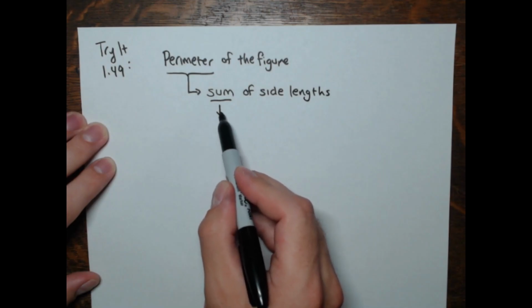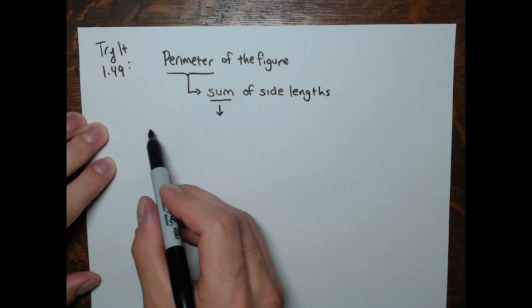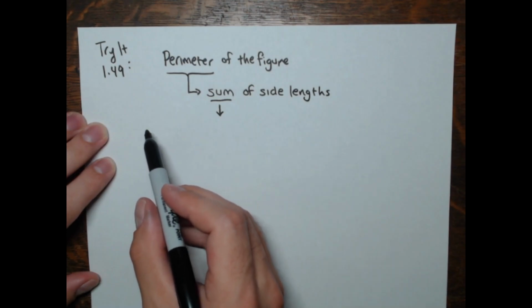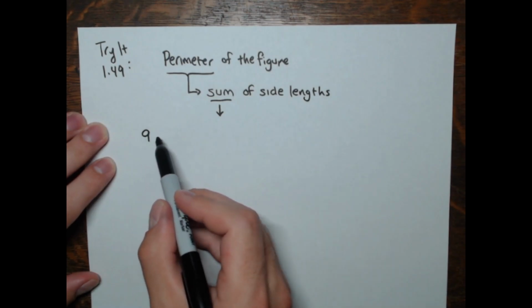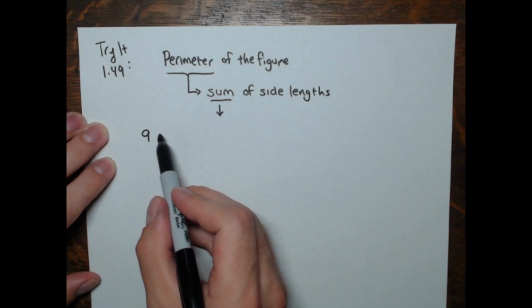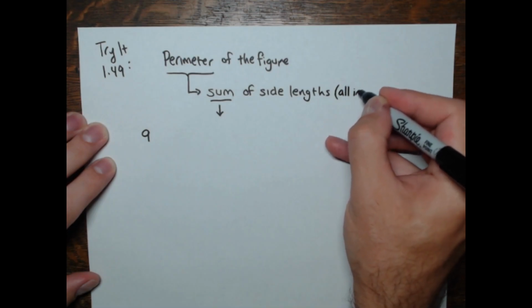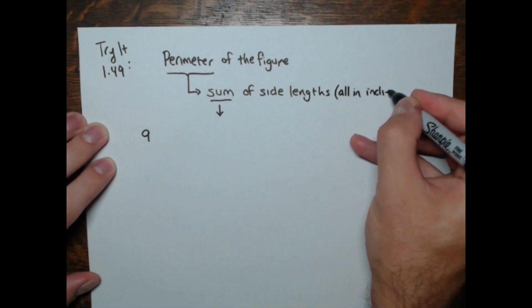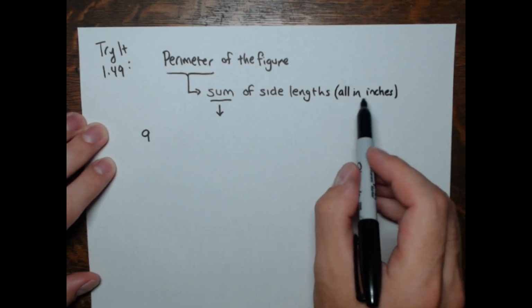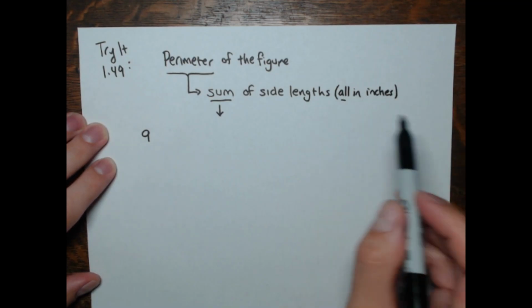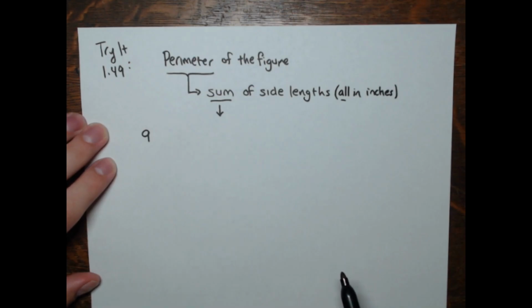When I translate this to math, I'll write it long ways because there's a lot of them. We had 9 inches, and they were all in inches, right? These are all in inches, they told us. Again, they've got to all be the same units when we're adding them.